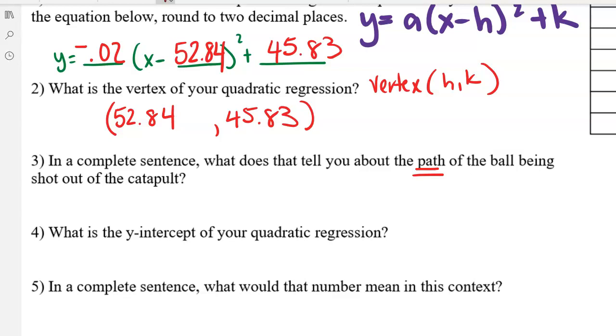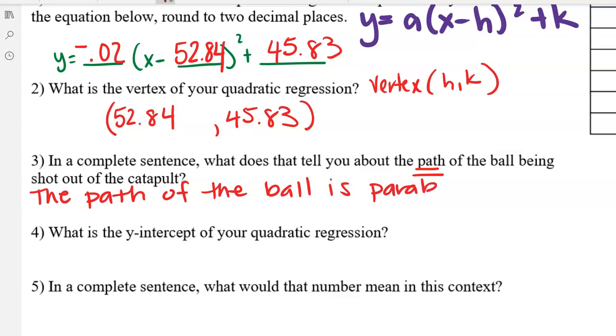Is it a straight line shooting out of the catapult, or is it parabolic? Parabolic, okay? So in a complete sentence: the path of the ball is parabolic.